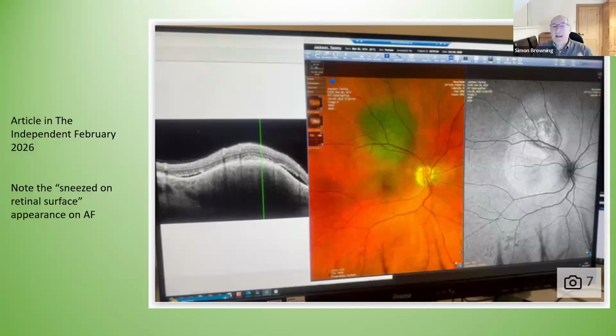It was rather lovely because there's the fluid in the OCT, but look, there is that classic glomerular, sneezed lipofuscin on the surface of the retina. And that was just in a newspaper article. It just brought home to me how we need to be looking for that sort of thing.